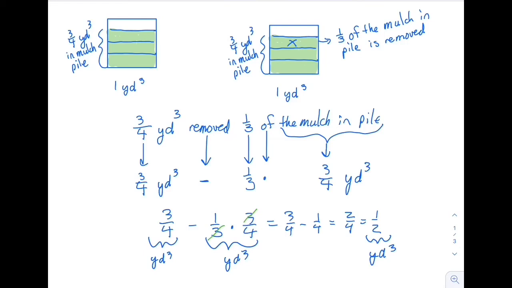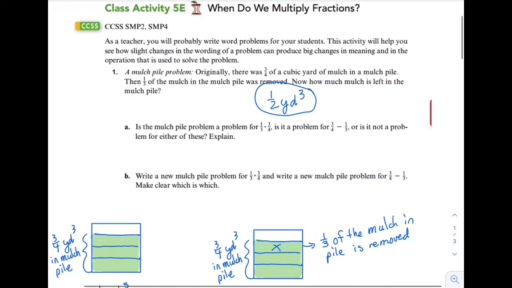Does it make sense? Yeah, here's my 3/4 of a cubic yard. Taking away 1/3 of 3/4 means that I took away 1/4, and then I'm left with 2/4, which is equivalent to 1/2. So this is neither 1/3 times 3/4, nor 3/4 minus 1/3. We had 3/4 minus 1/3 of 3/4.